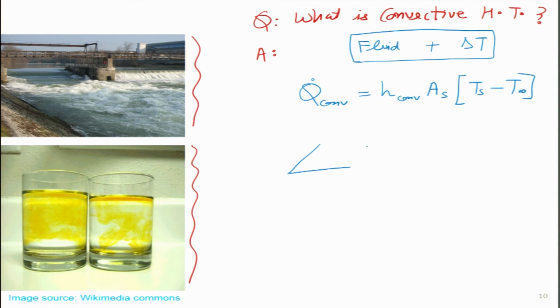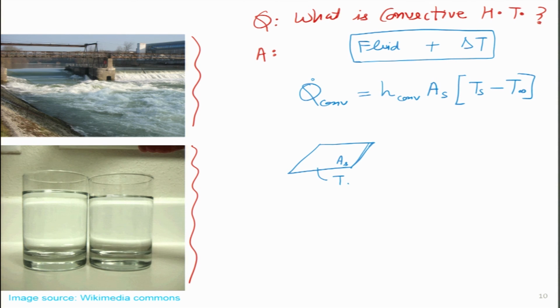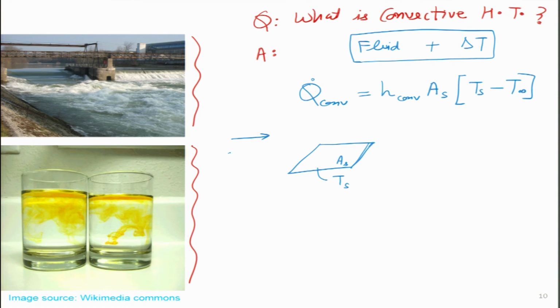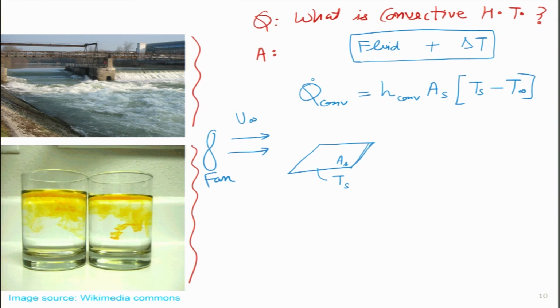So, if there is some sort of area that is known to us, let us say this surface has area AS, its temperature is Ts, and it is surrounded on all sides with the fluid, and I put some sort of a fan over here. This fluid is moving with some velocity u infinity, and a certain temperature of the fluid is T infinity.